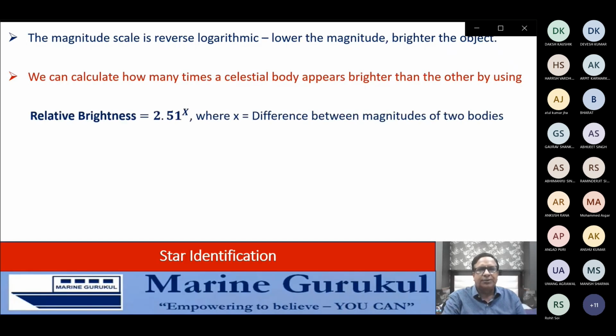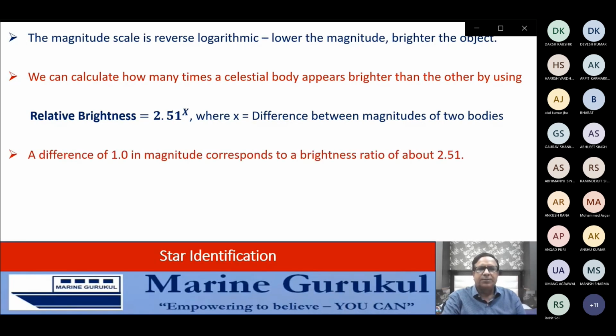Relative brightness is equal to 2.51 raised to power x, where x is the difference between the magnitude numbers of the two bodies. This means that if the difference between the magnitudes of the two bodies is 1, their brightness ratio is 1 to 2.51. Why? Because it will be 2.51 raised to power 1.